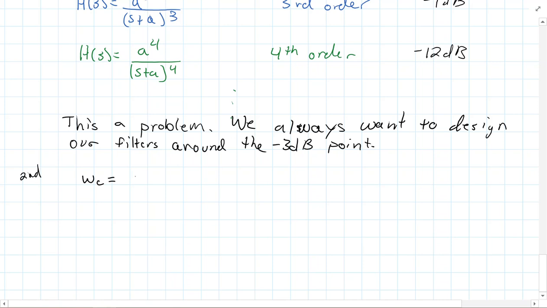We're going to say omega c is equal to 1 kilorad per second, just for simplicity. So my H at S would simply be 1, and I'm going to drop the kilorad for now, over 1 S plus 1 squared. We're just going to say this is in kilorads. So that's going to be my transfer function.